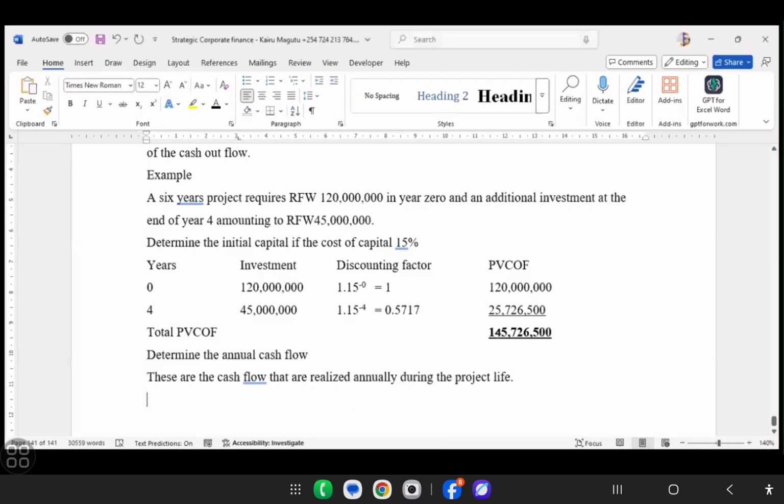Okay, good. So these are the cash flows that are realized annually during the project life. I want to explain this part using an example. Example.